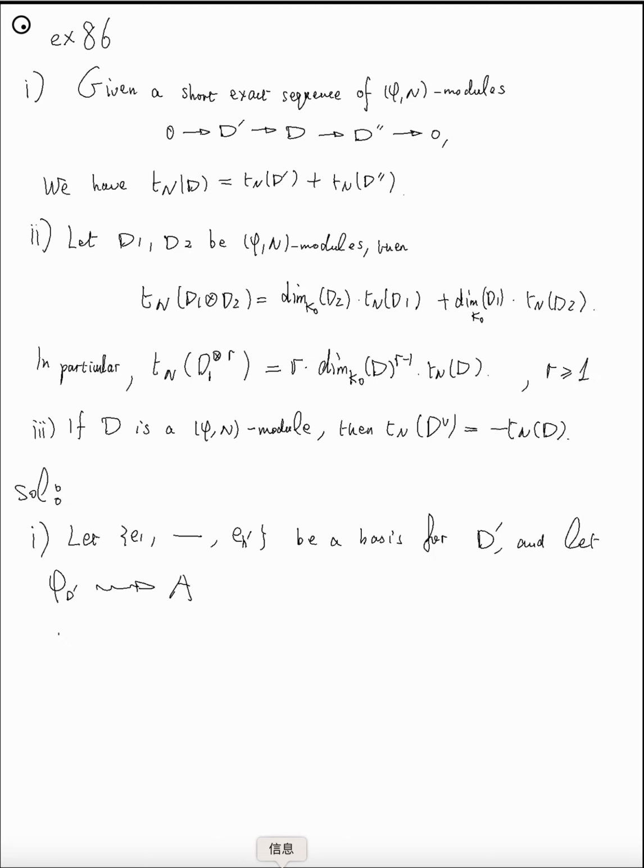And then we extend this basis of D prime to a basis of D, because this is a submodule of D. Let's say dimension h.